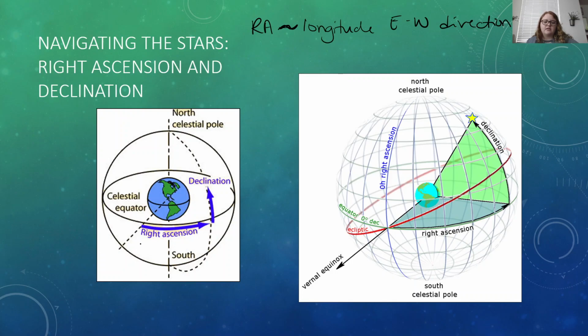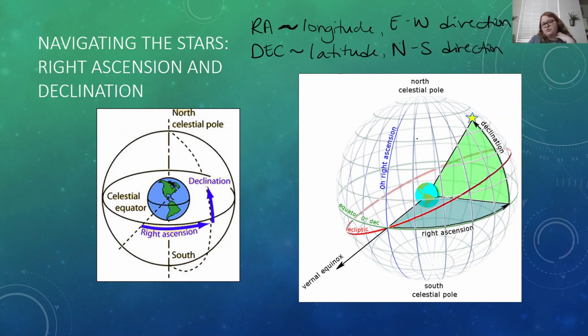That's going to be along the celestial equator, very similar to how on Earth it's along the equator. And then we have declination, or dec, and that's like latitude, since it's the north-south direction.